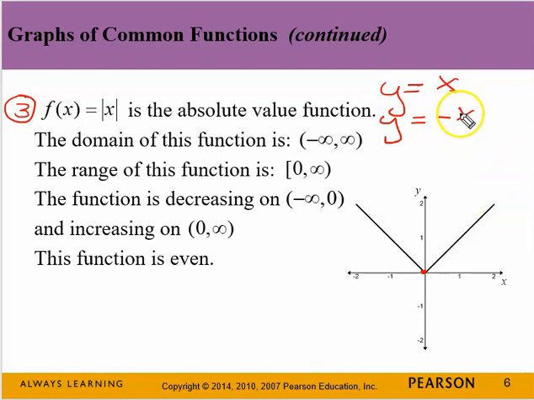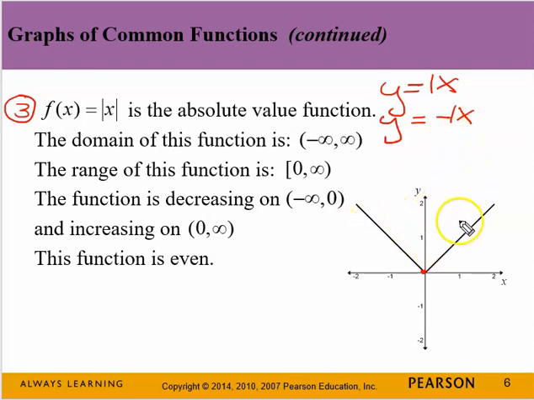But for absolute values, it also could have been a negative x. So again, this is a positive slope of 1. This would be a slope of negative 1, which would go this way, negative slope. And we end up with this V-shaped form.